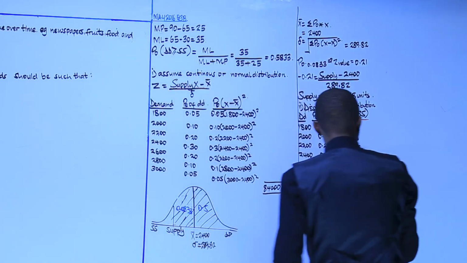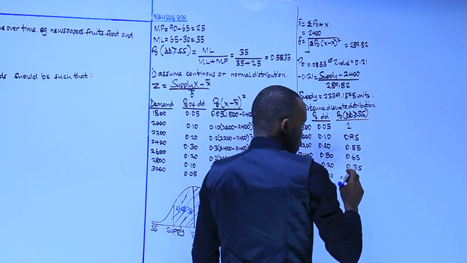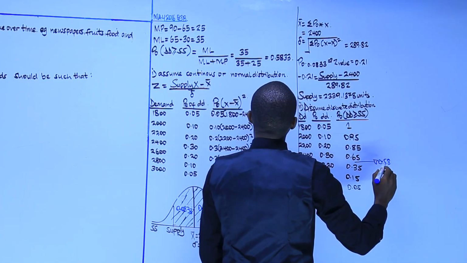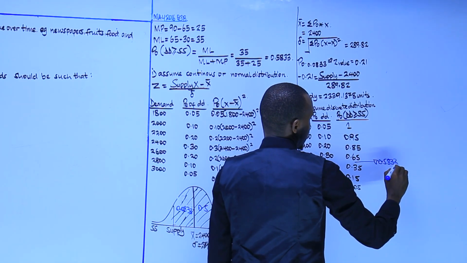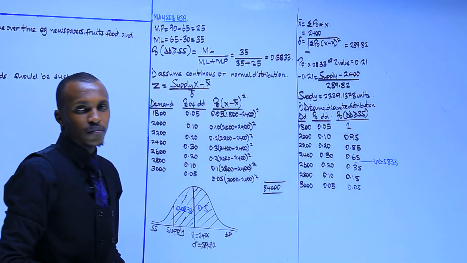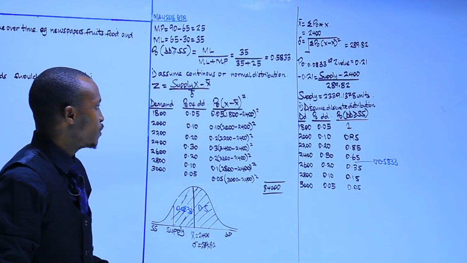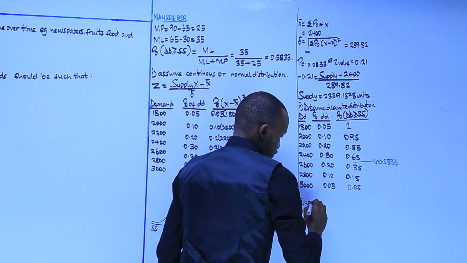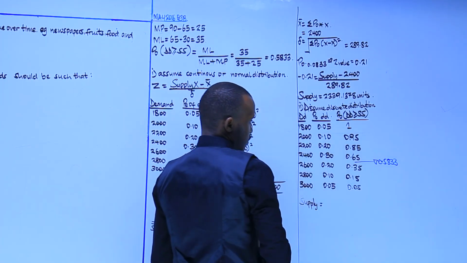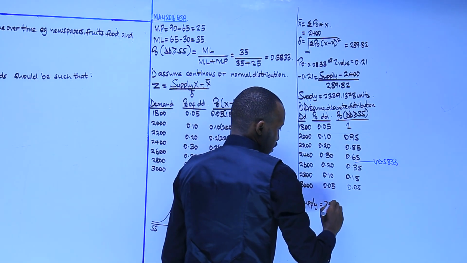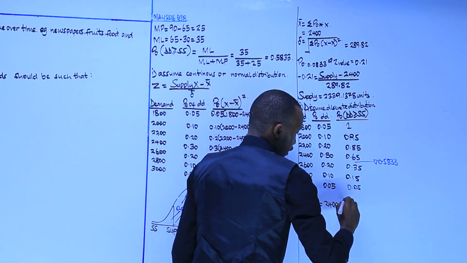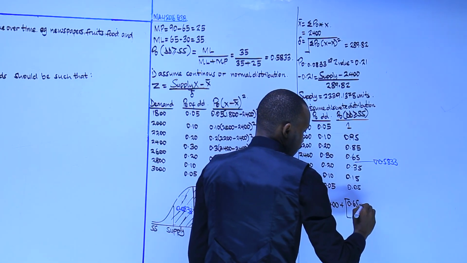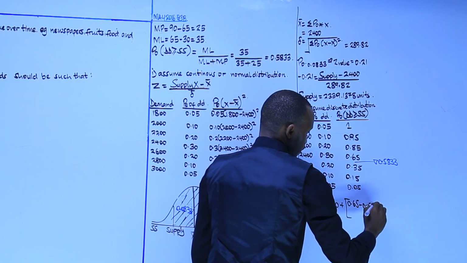So you want here 0.5833. That is what you want. Okay, so therefore you supply, you extrapolate, you'll say 2400 plus 0.65 minus 0.5833.